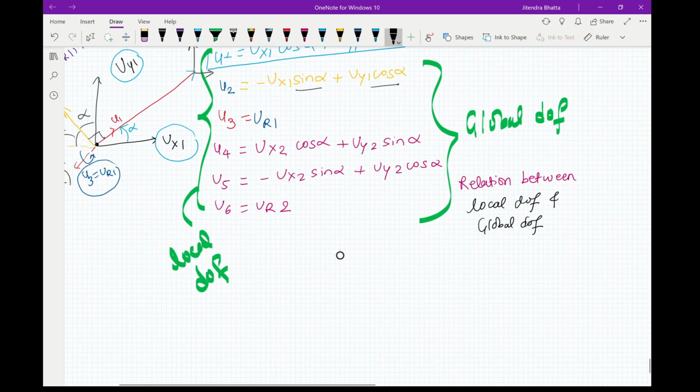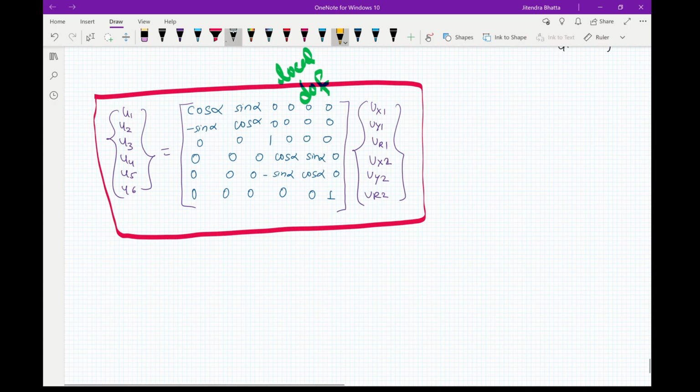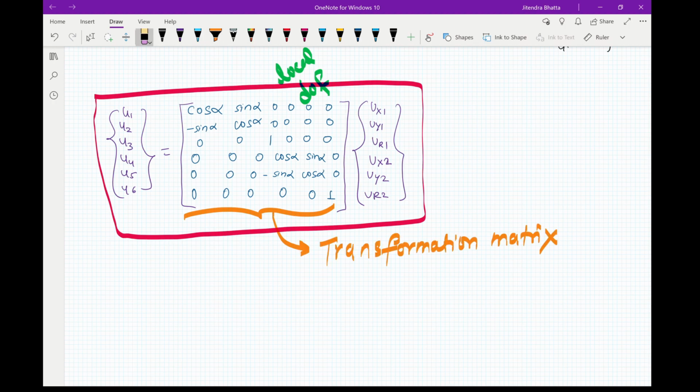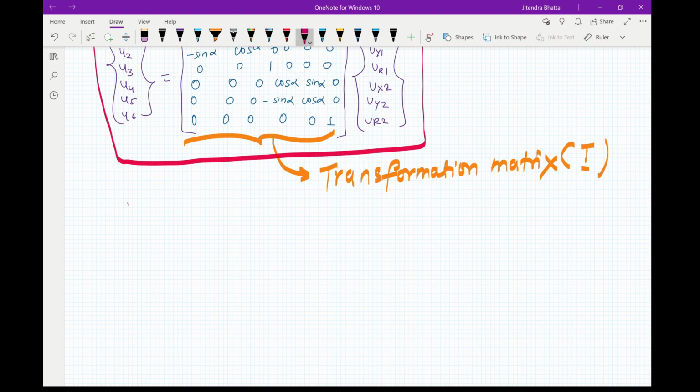We can write this in a matrix form, and this matrix here is known as the transformation matrix, because this matrix is used to transform the values of the global coordinates into local, or local coordinates into global. This is equation number 1.